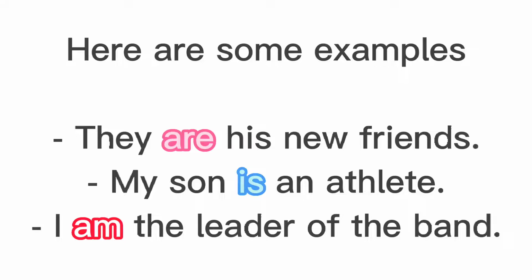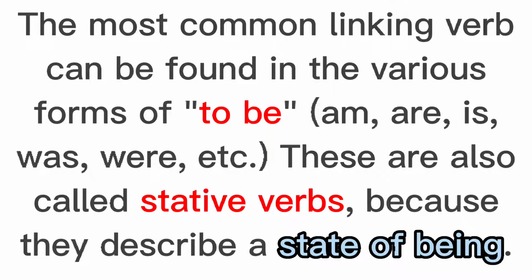The most common linking verb can be found in the various forms of to be, like am, are, is, was, were, etc. These are also called stative verbs because they describe a state of being.